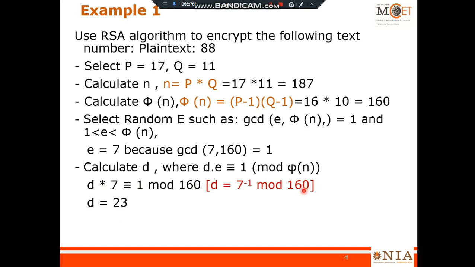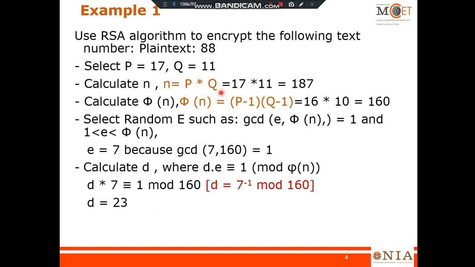I think you are familiar with how to calculate the inverse of 7. You can use the multiplicative inverse, an equivalent method, to calculate the value of D. Once D is known, you have your public key as well as your private key. Apart from that, you have the numbers P and Q.